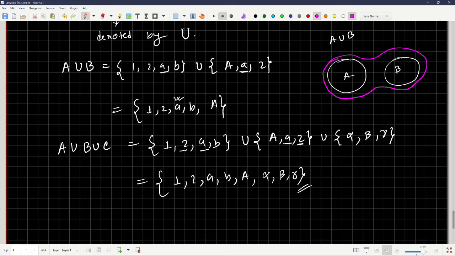Maybe golapi, I don't know. So this is your A union B region. Initially they might be disjoint, but once you unite them, this is the thing, this pink shaded region. You'll have elements of both A and B.